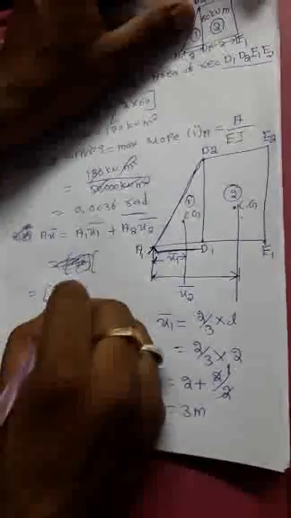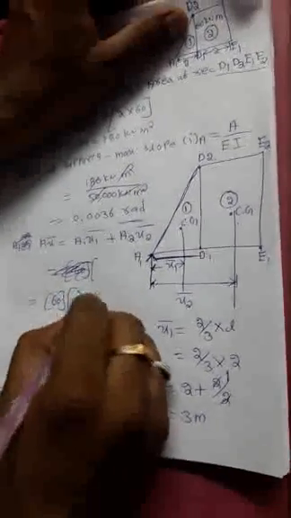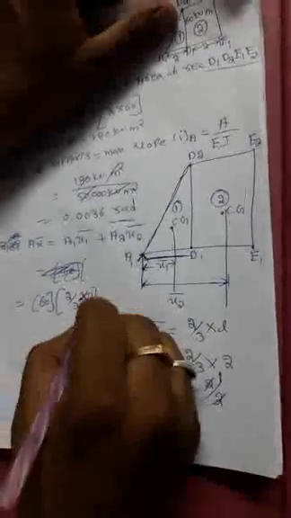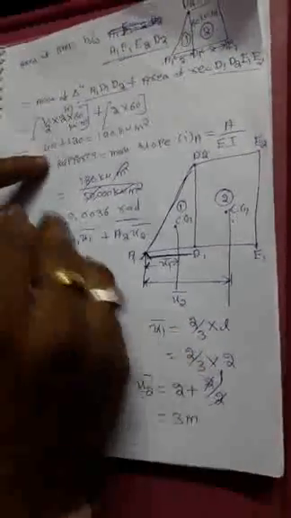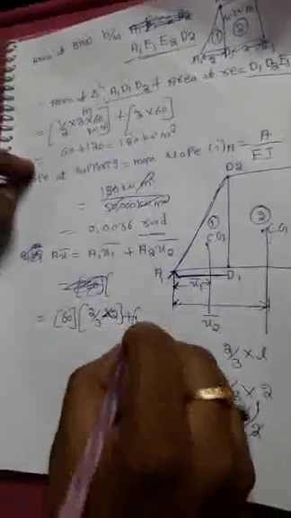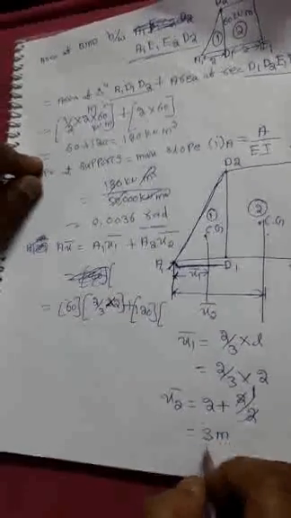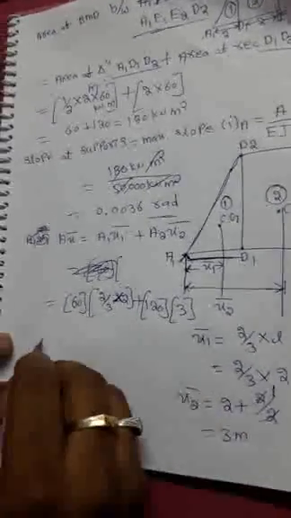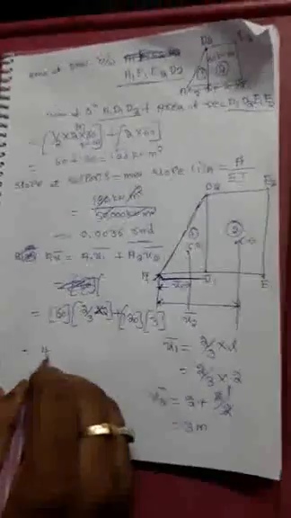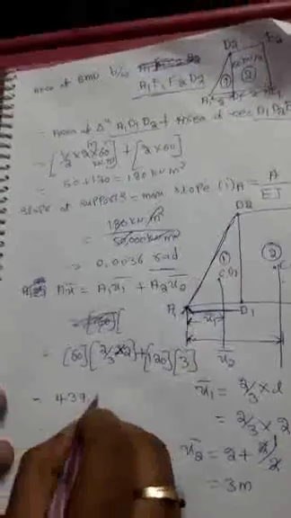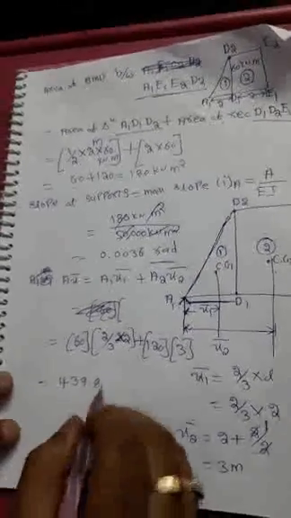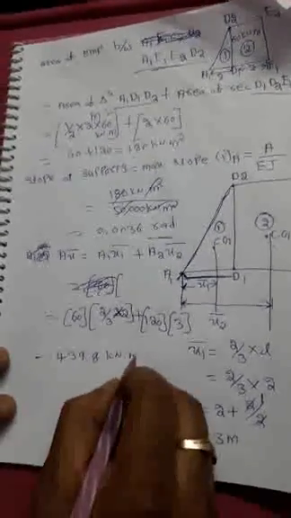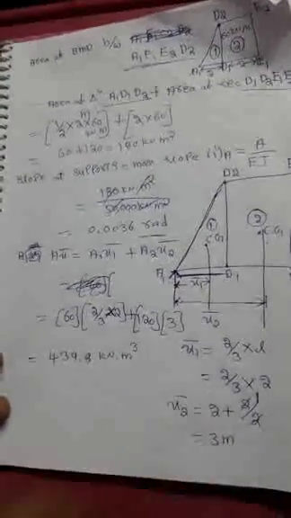So x1 bar equals 2 by 3 into 2, and A2 equals 120, which we already have, and x2 bar equals 3. Simplifying these values, AX bar is 439.8 kilonewton meter cube.